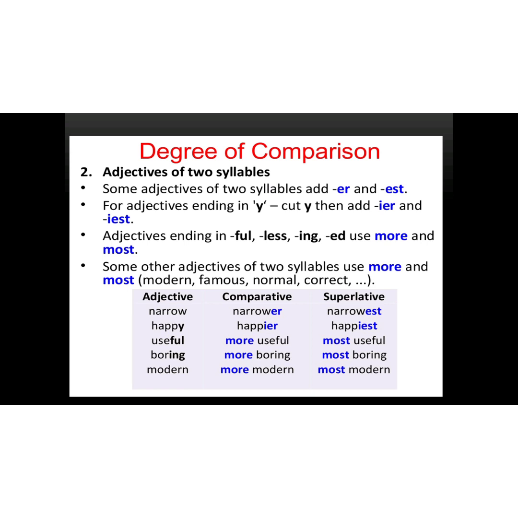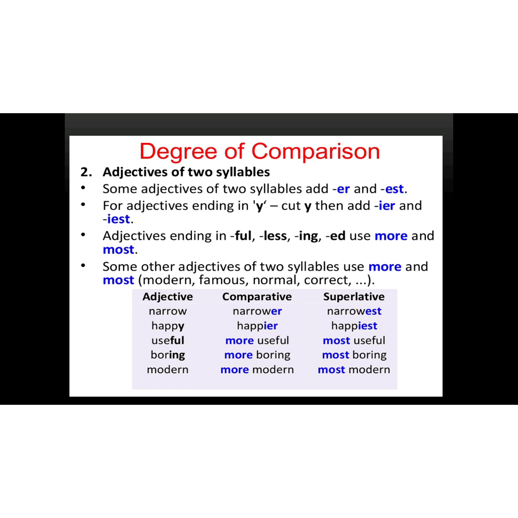Rule number 2: adjectives of 2 syllables. Some adjectives of 2 syllables add er and est. For adjectives ending in y, cut the y, then add ier and iest. Adjectives ending in ful, ing, ed use more and most.